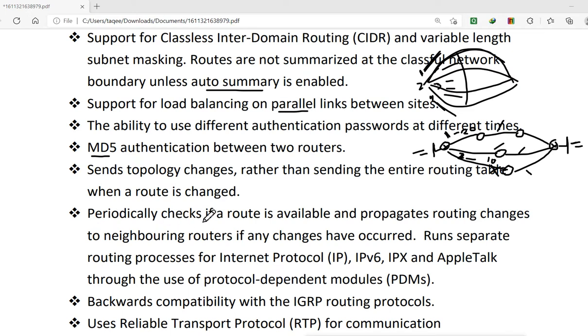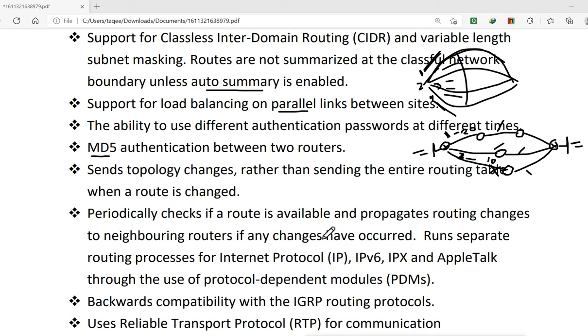Then it periodically checks if a route is available and propagates the routing changes to neighboring routers if any changes have occurred, and runs separate routing processes for IP, IPv6, IPX and AppleTalk. This is one of the extra advanced things: OSPF actually supports only one protocol, the IP protocol.